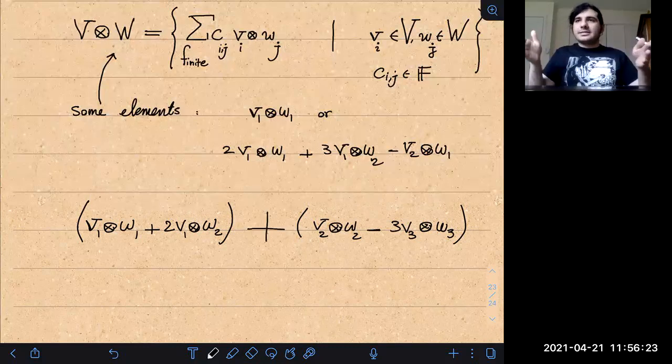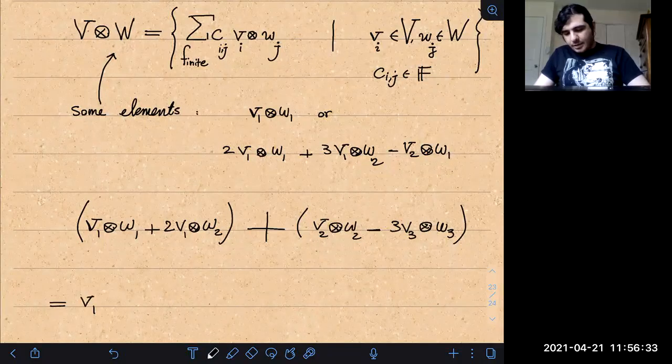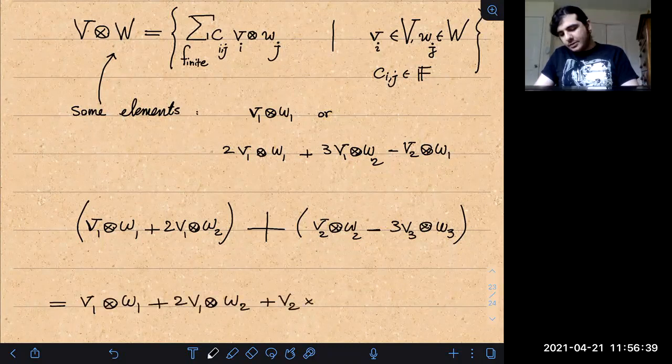The sum is simply the sum. I just write these things next to each other. I just would write V1 tensor W1 here, plus 2V1 tensor W2 plus V2 tensor W2 minus 3V3 tensor W3.